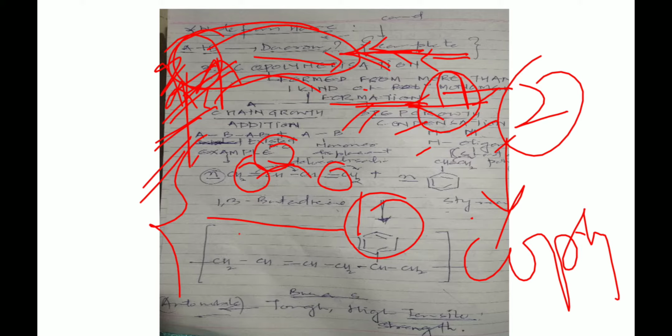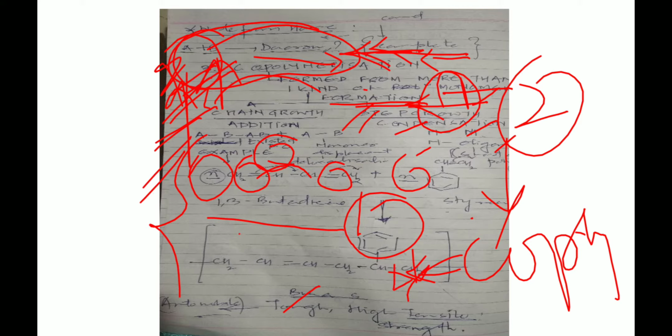Here n molecules of butadiene combine with n molecules of styrene, resulting in the formation of Buna-S. Practically, the properties of this Buna-S are very tough characteristics and a high tensile strength.